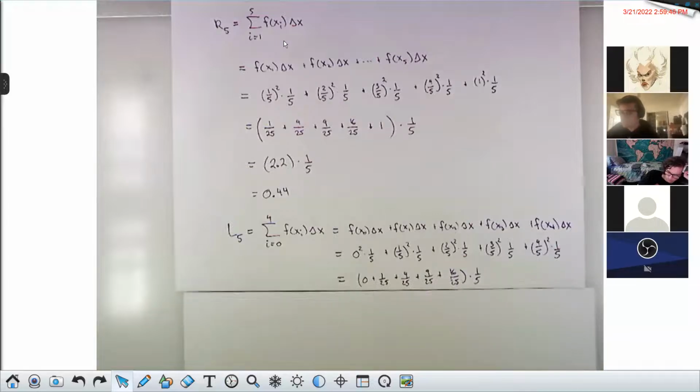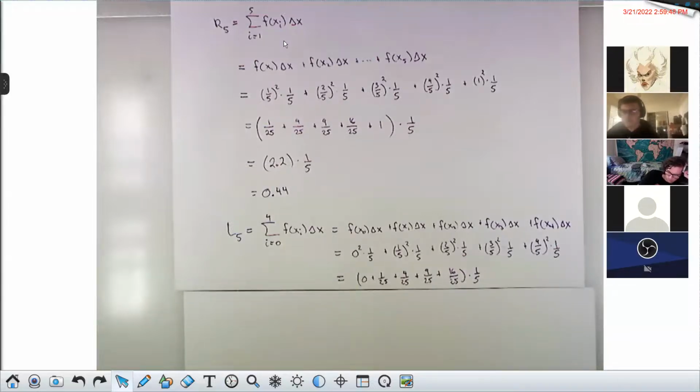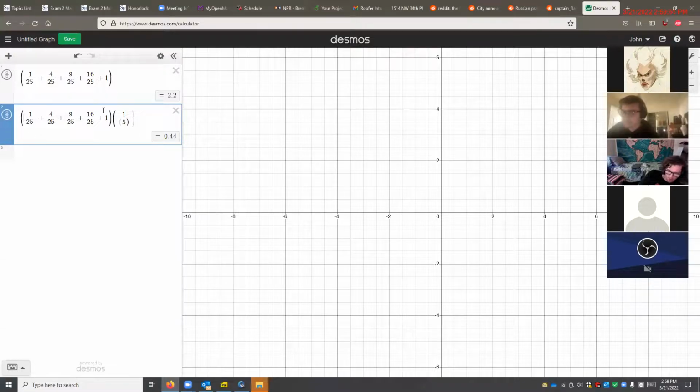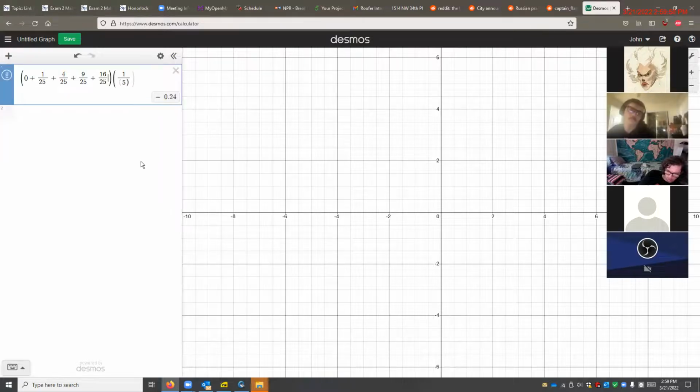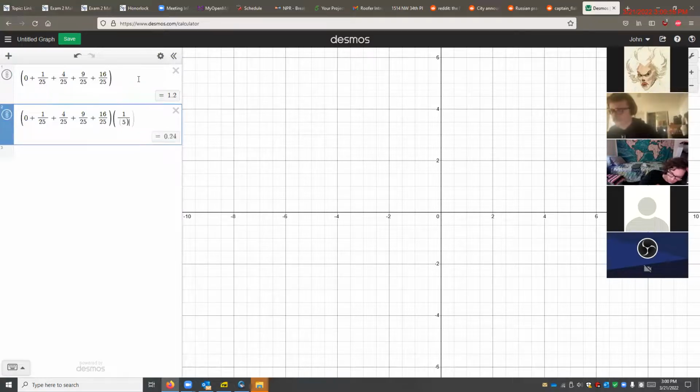I certainly will. So that's a 0 here, and get rid of the 1 here. This is going to be 1.2 times 1/5. And then if we slap on that delta x, we get 0.24.